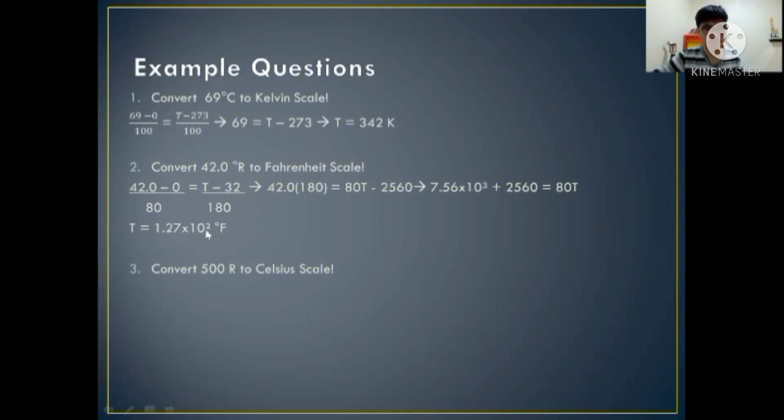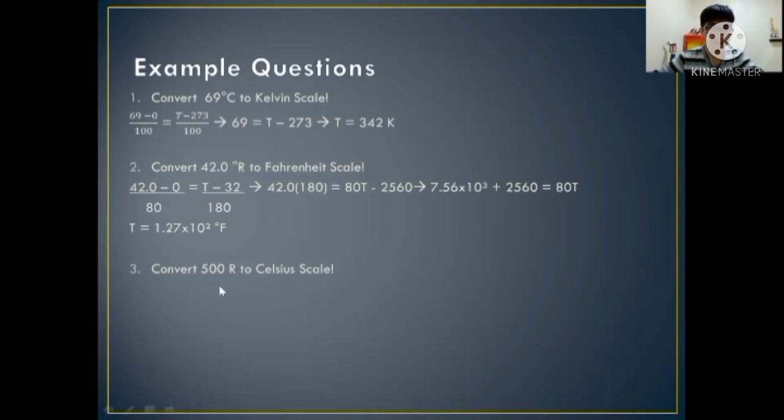And here I use 1.27 and not 1.26, since 126.5 we round off to become 127, then I convert it into this exponent form, since if you use the whole number, it will not count as a significant figure according to my teacher.